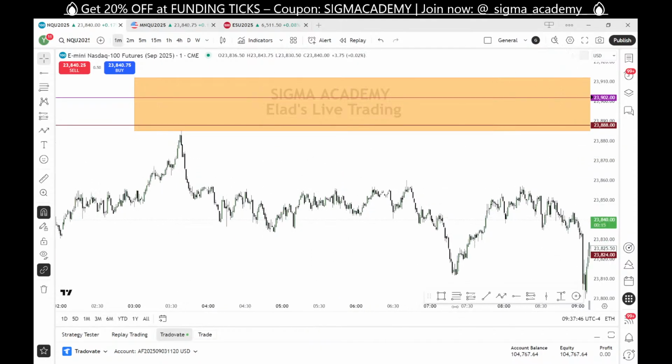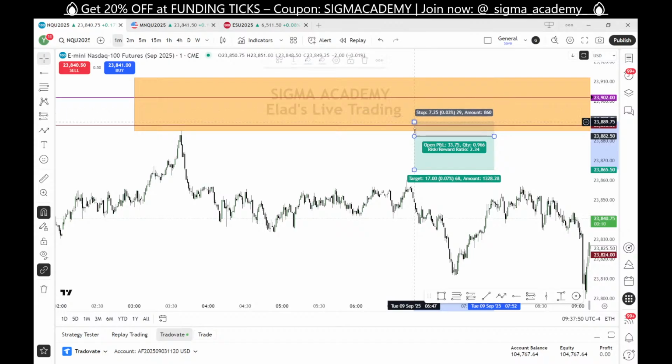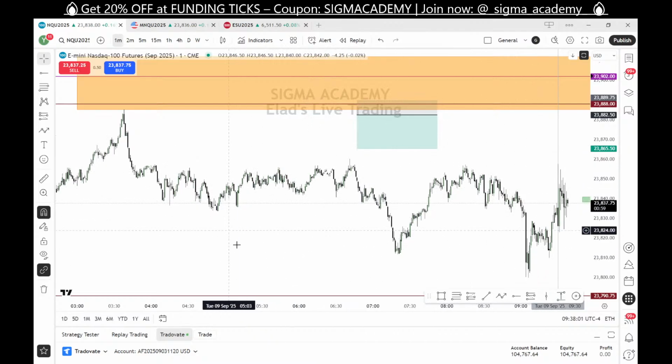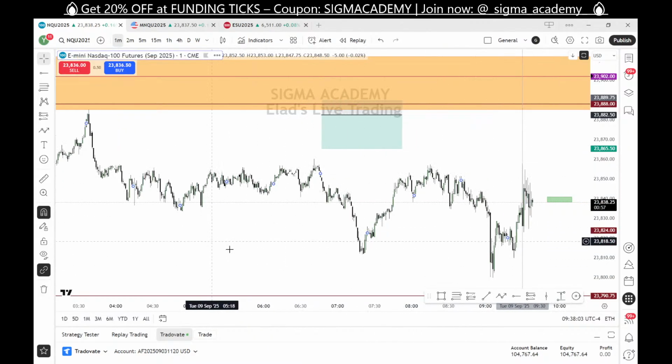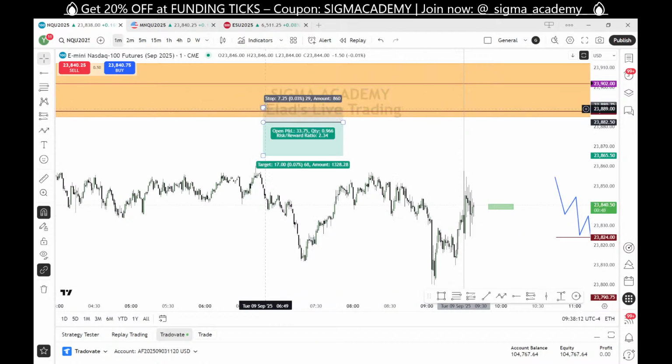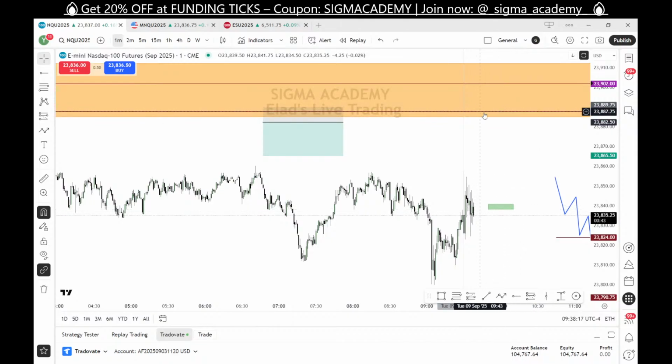Because if I went short right here, what is the order here? Stop orders, buy stop position. If I went long here, somewhere here, I don't know where, and I want to take profit, what will be my order here? Sell position. So I have buy stop, and I have take profit as a sell limit right here.